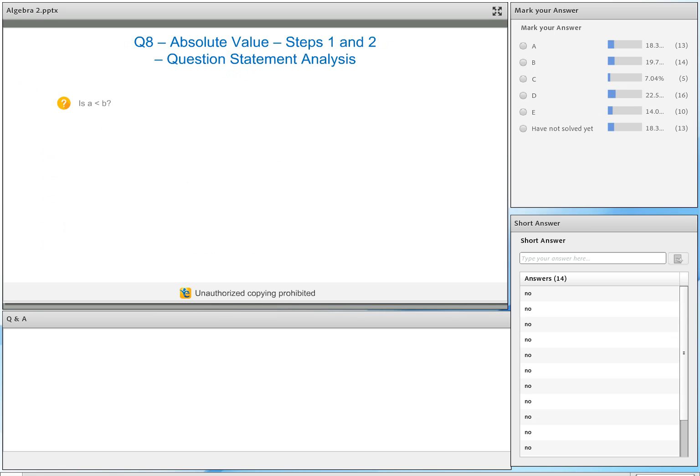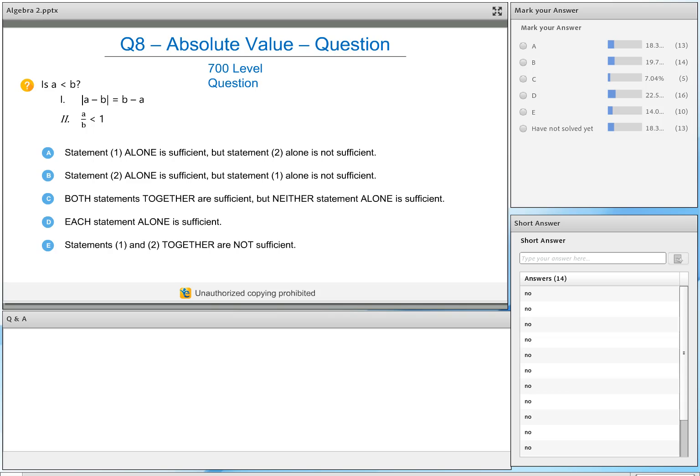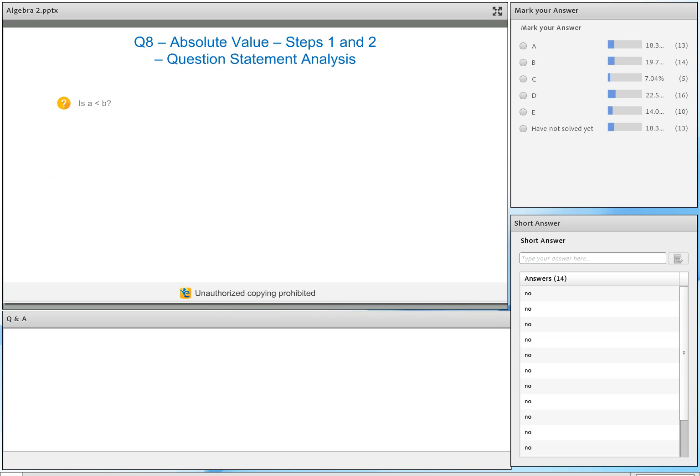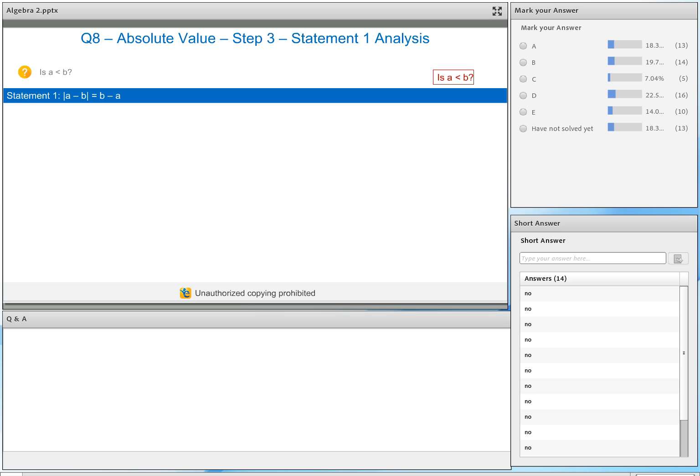Okay, let's solve this. The question statement simply asks us to find is A less than B. As simple as that. Nothing much to process here. The next, so statement 1. Mod of A minus B is equal to B minus A. Okay.